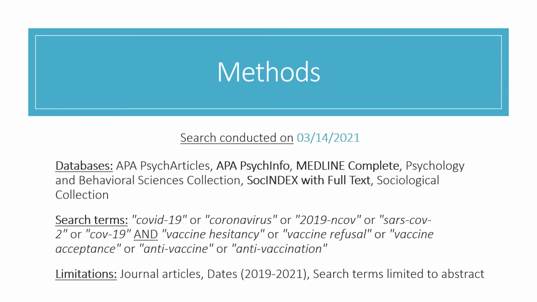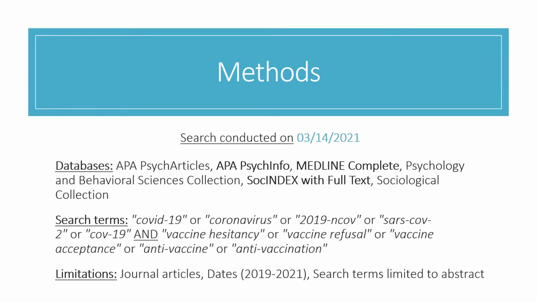And then everything after the and sign relates to vaccine hesitancy. So 2 separate search fields and numerous search terms, just so I made sure that I could get as many articles as possible. And finally, I'm going over the limitations.